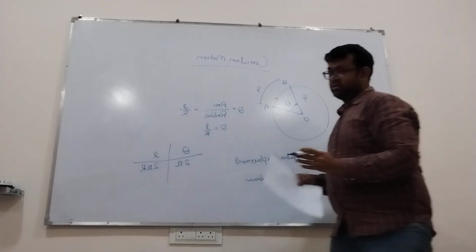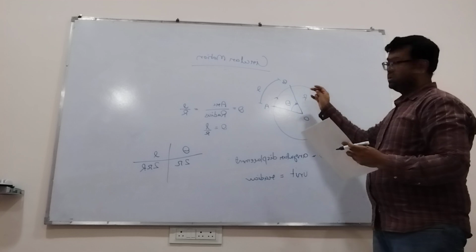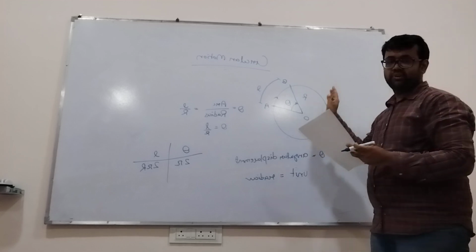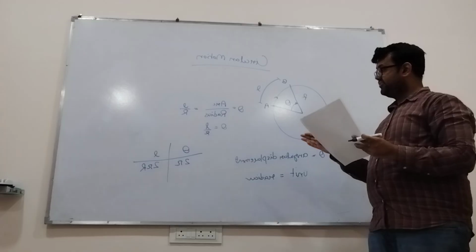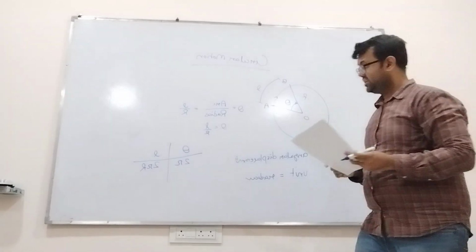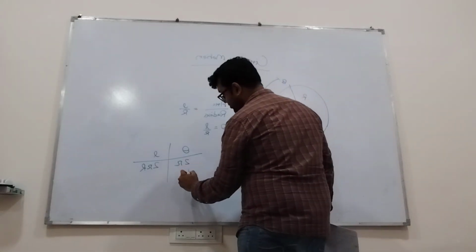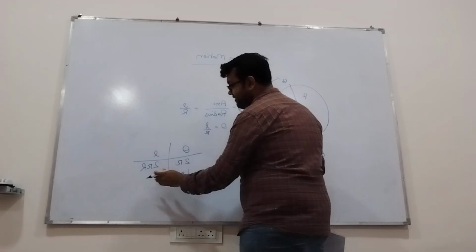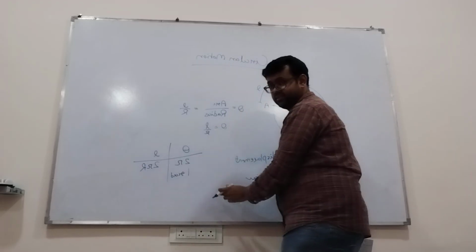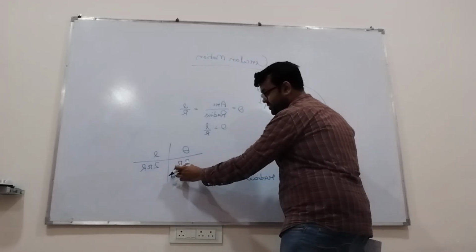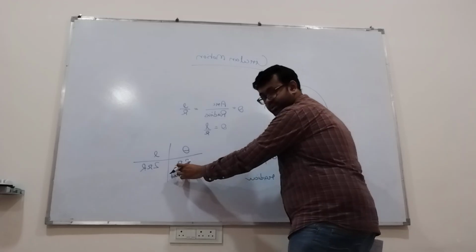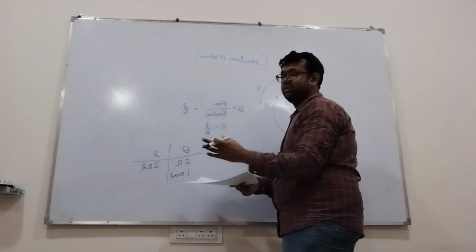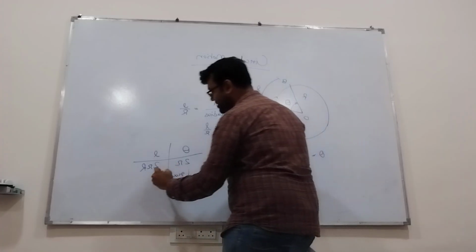So now suppose the object has moved only 1 radian. How much distance will it cover when it moves 1 radian only? I will divide this length with this angular displacement 2 pi, then the distance covered in 1 radian will come.